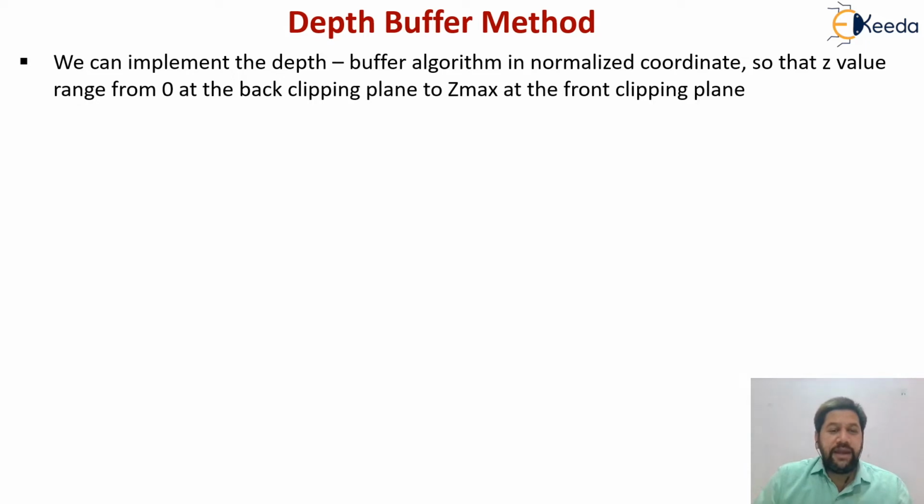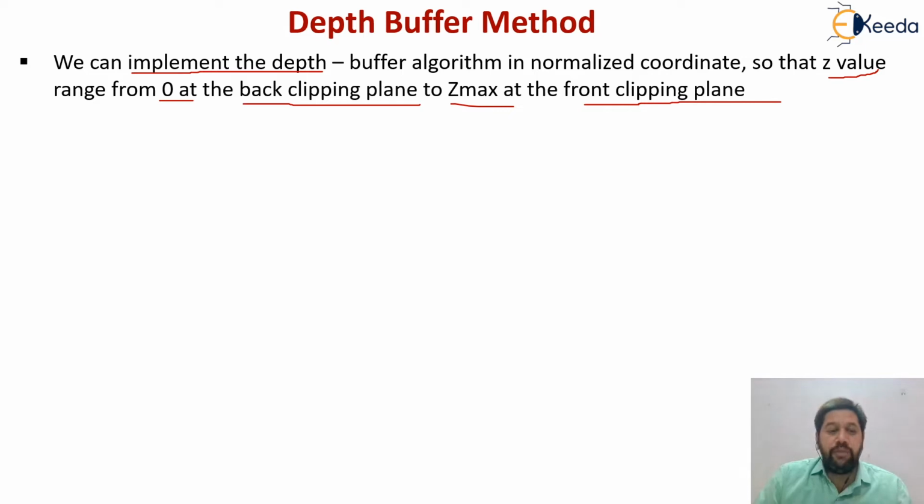Now we are talking more about the implementation part of the depth buffer. We can implement the depth buffer algorithm in normalized coordinates. What is the expected Z value range? The Z value ranges from 0, which is the back clipping plane, to Z maximum at the front clipping plane.